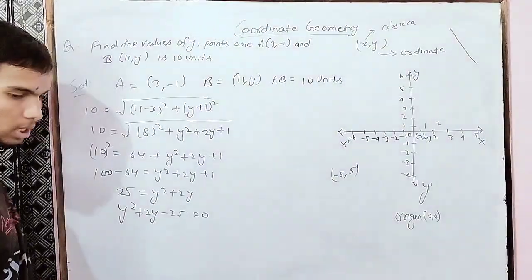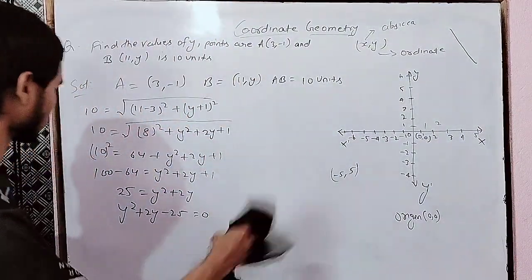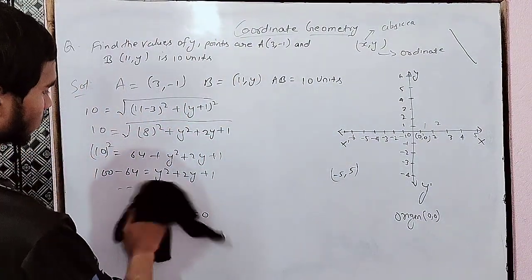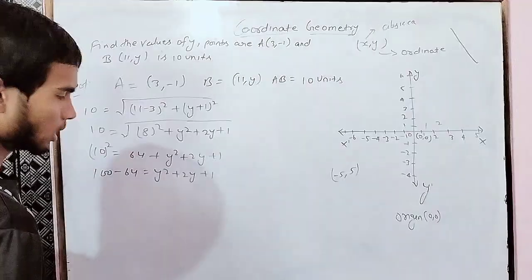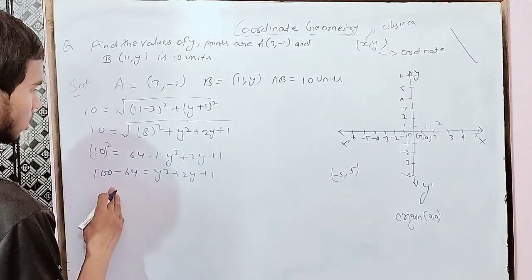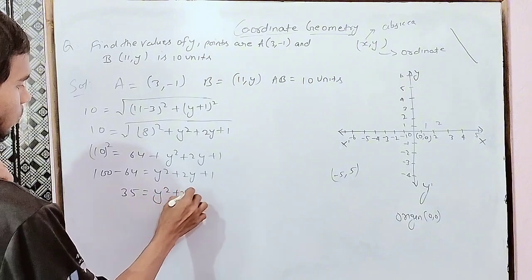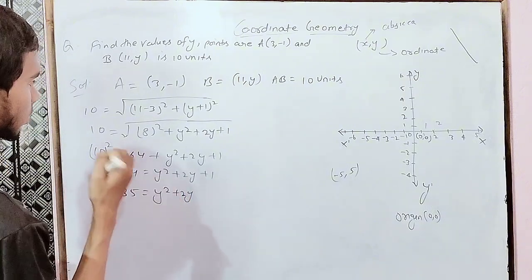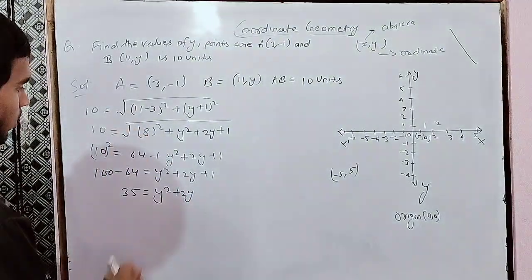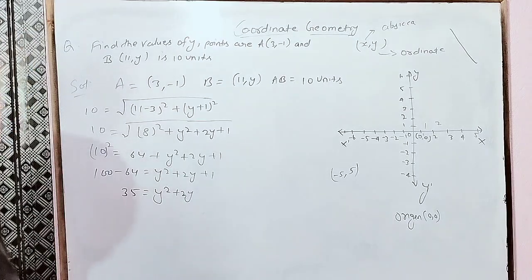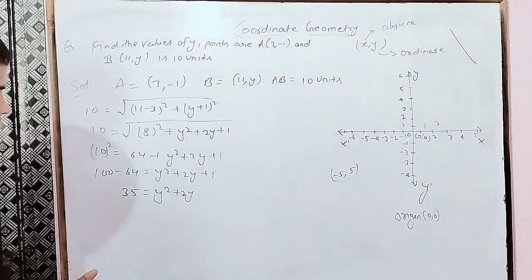So here I did wrong. Where? Here. It will be 36. So 35 and then 2y. Okay. Then here is y square plus 2y.